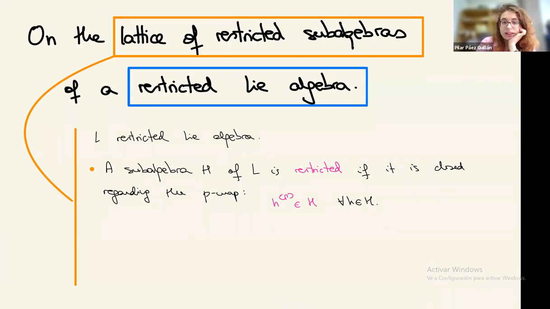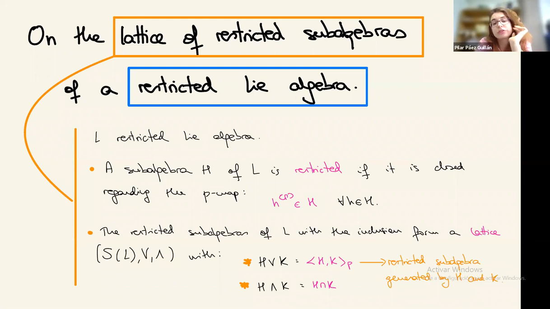The restricted subalgebras of a restricted Lie algebra, together with inclusion, form a lattice, in which the meet of two subalgebras is just their intersection, and the join of two subalgebras H and K is the restricted subalgebra generated by them, which is the smallest restricted subalgebra containing H and K. I'm going to denote it with these two angle brackets and this subindex p.